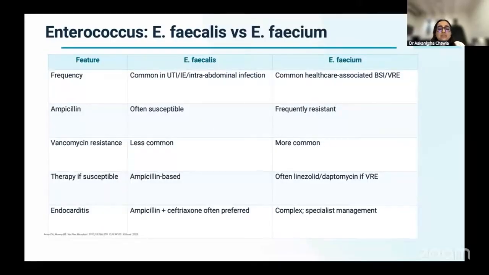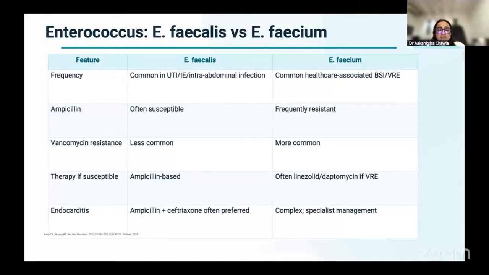So the basic difference between the common enterococcus, that is faecalis and faecium. Faecalis you would see commonly in patients with UTI, infective endocarditis, intra-abdominal infection. Faecium is often healthcare associated bloodstream infection, and there is vancomycin resistance. For faecalis, ampicillin is susceptible, and therapy is always ampicillin based.